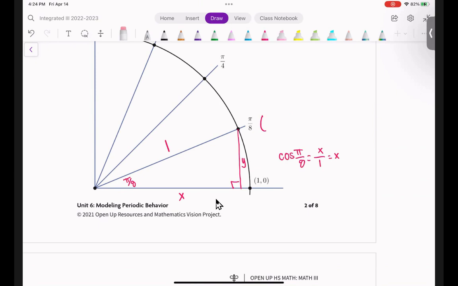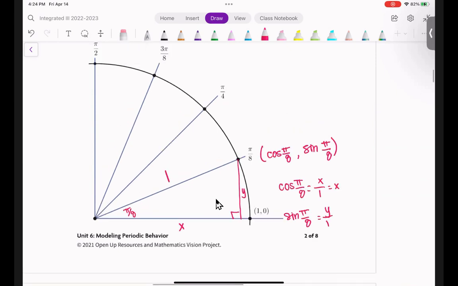So then I'm going to write that here, comma. And similarly, I'm going to write sine of pi over 8 equals y over 1, which is just y. So that's sine of pi over 8. And you're like, oh, look, that makes sense, right? And then I'm going to continue doing this using pi over 4 and so on.